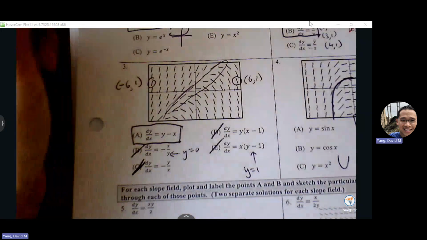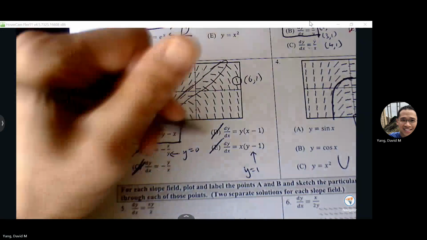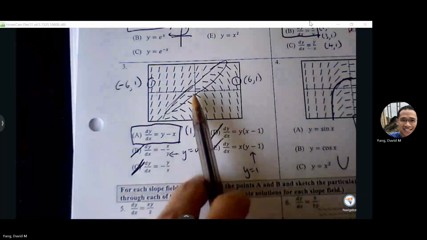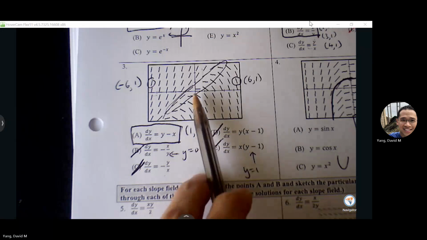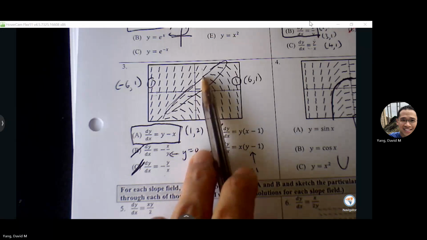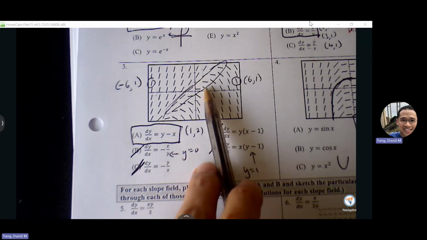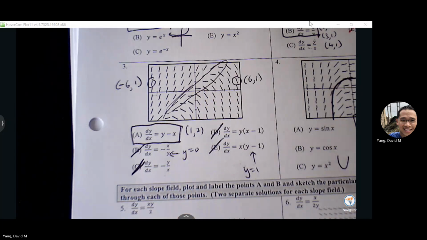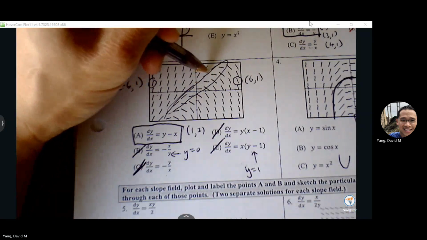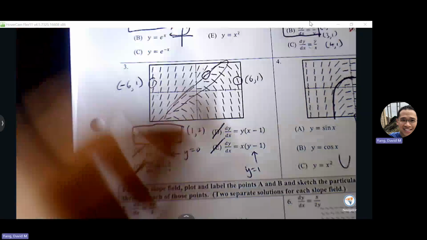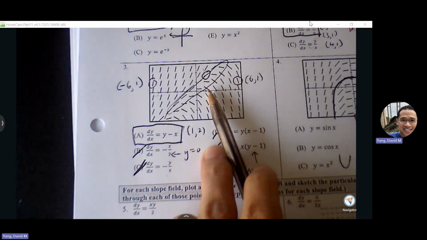Which ordered pair are you looking at? It should be 0. Let me see. Oh, I'm sorry, (1, 2). Sorry, (1, 2) is a positive slope, I think.